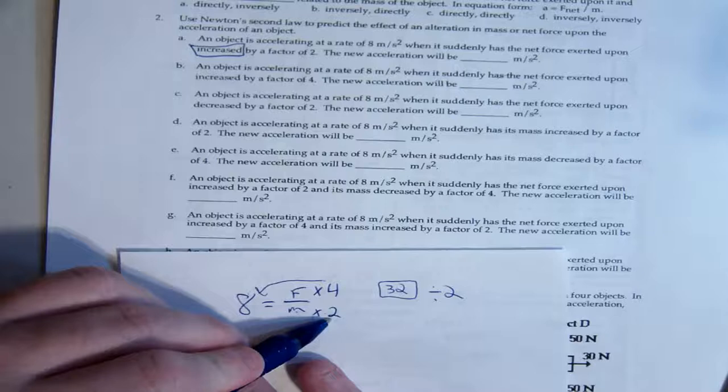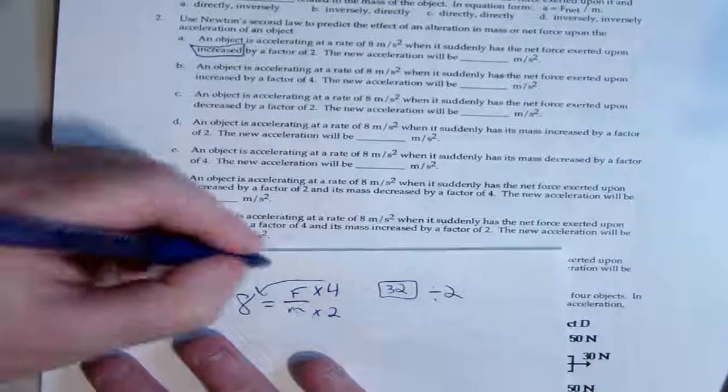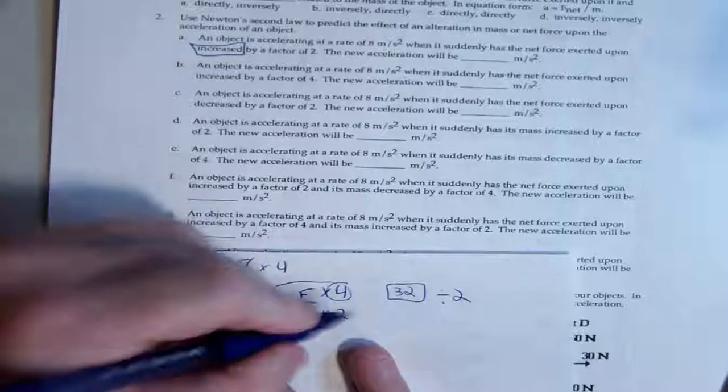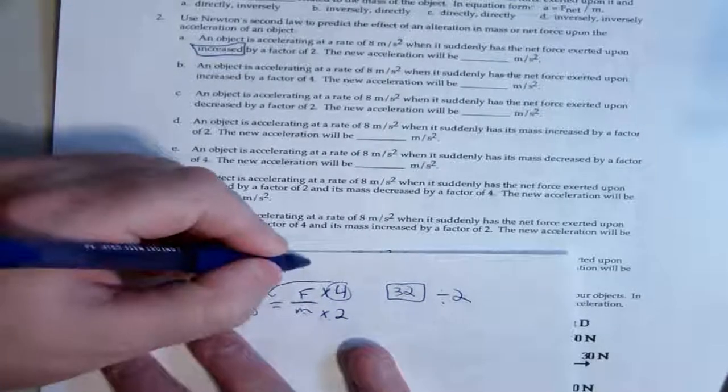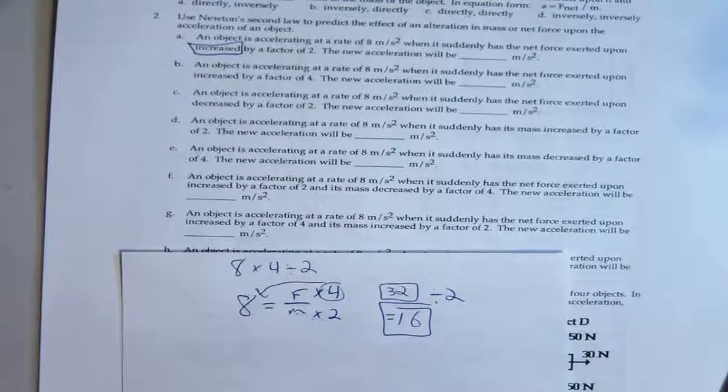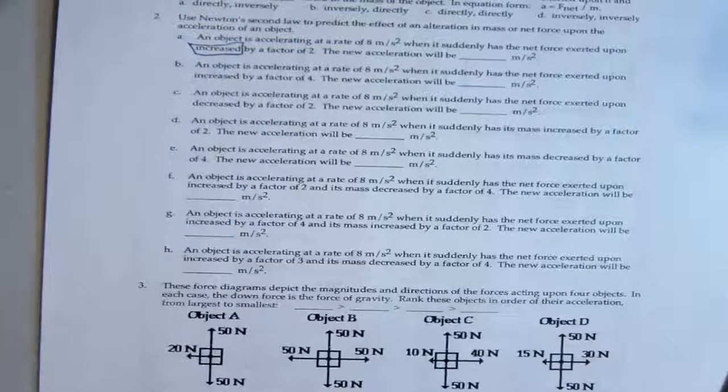That means we divide this by 2. So we took 8, multiplied it by 4, but now we divide by 2 because we doubled the mass. 32 divided by 2 equals 16. Look at that, same answer for both. How awesome. So that's how you do it.